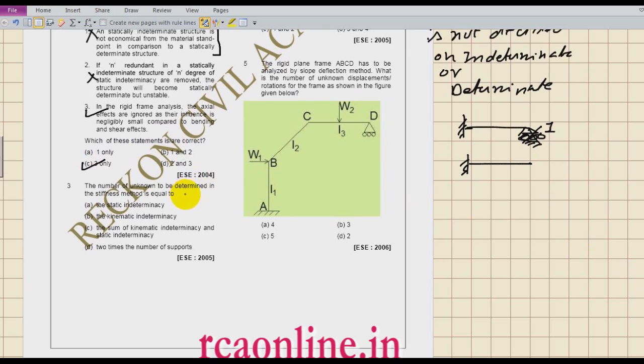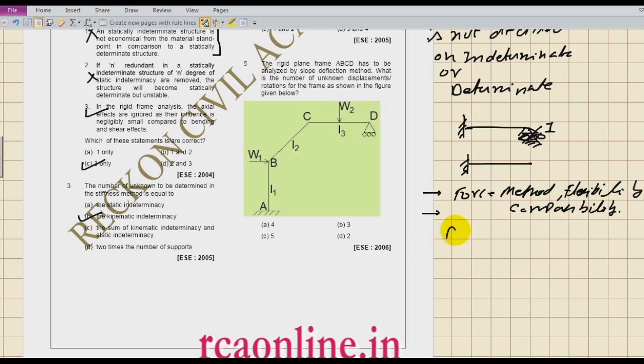Now see the next question. The number of unknowns to be determined in the stiffness matrix is equal to static indeterminacy, kinematic indeterminacy, the sum of kinematic and static indeterminacy, or 2 times the number of supports. No, the answer is kinematic indeterminacy. In my first video, I discussed the methods to be used. If you remember, I discussed 2 methods. Force method, which is also known as flexibility method and compatibility method.